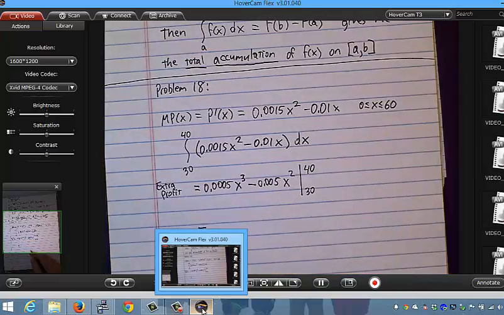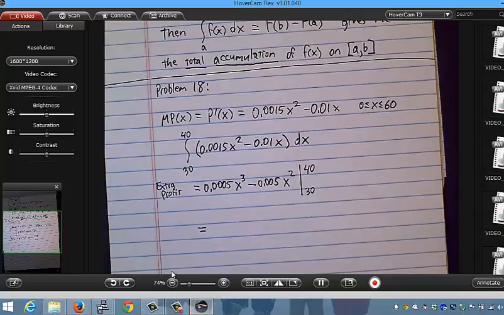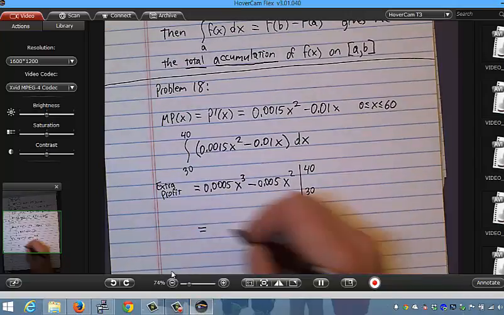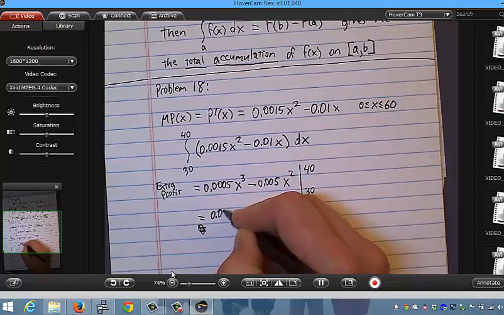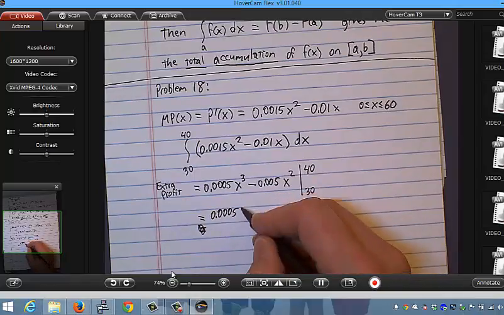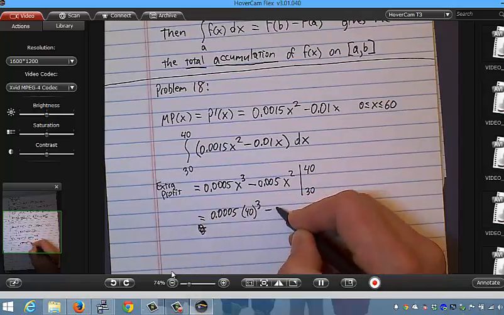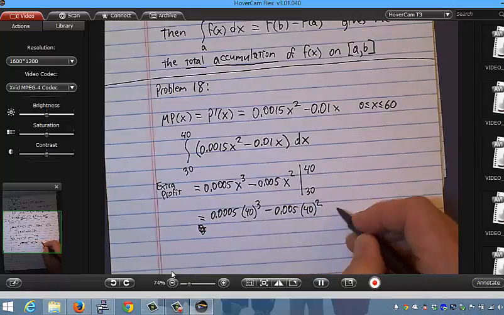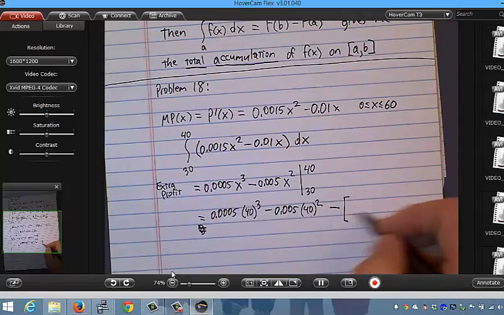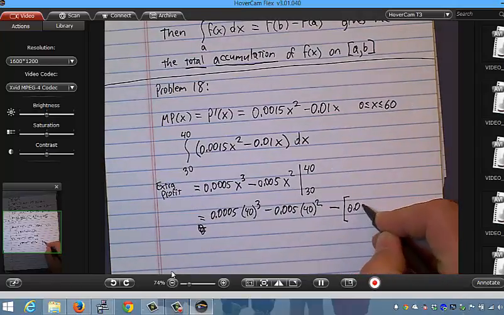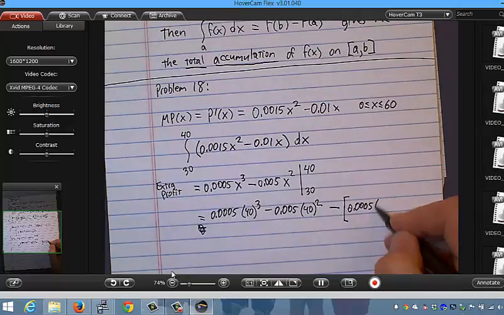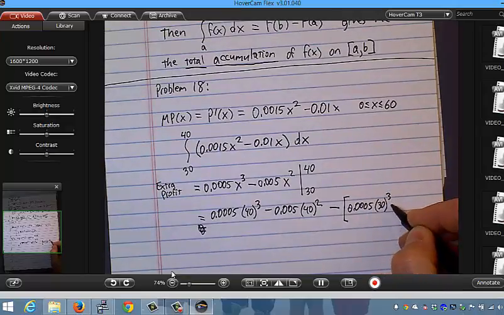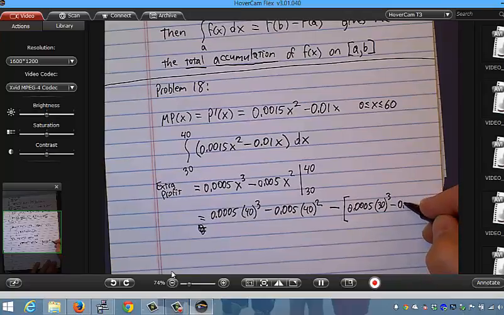So, kind of go through here now and just figure this out. We'll plug in the 40 and the 30. So 0.0005 times 40 cubed minus 0.005 times 40 squared, minus, and I'm going to put this in brackets, 0.0005 times 30 cubed minus 0.005 times 30 squared.